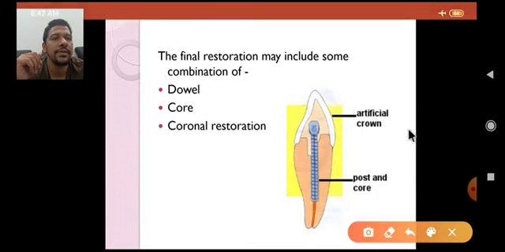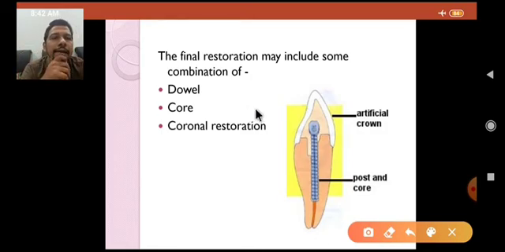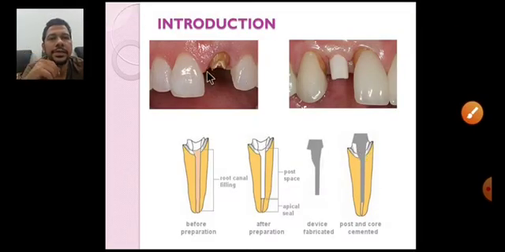The forces which act here will be transferred to the post and will be dissipated like this. So I hope you understood. If there is no post here, the forces acting on this crown will be directly transferred to the core, and there is a chance of dislodgement of the core from the tooth structure, and you will get a situation like this.